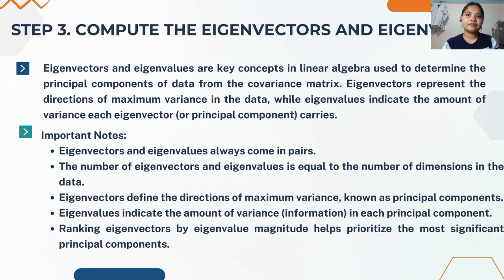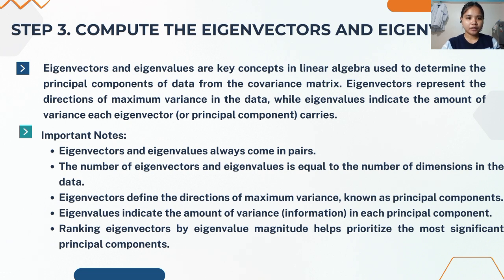Next we have step 3, which is computing the eigenvectors and eigenvalues. Eigenvectors and eigenvalues are key concepts in linear algebra, which are used to determine the principal components of data from the covariance matrix. Eigenvectors represent the directions of maximum variance in the data, while eigenvalues indicate the amount of variance each eigenvector carries.